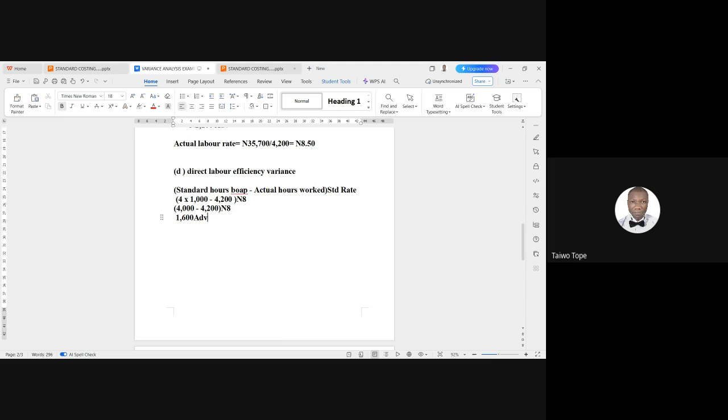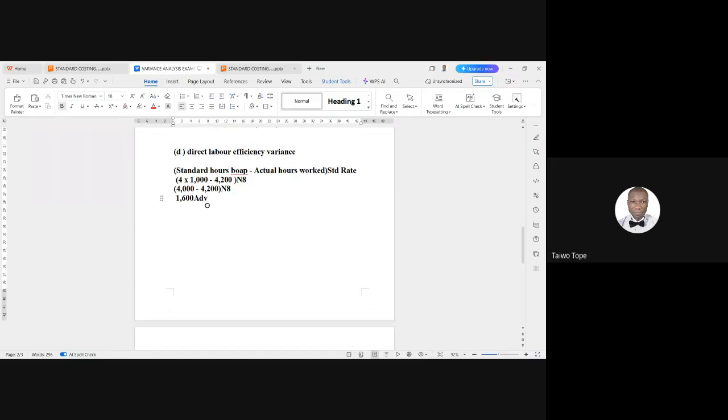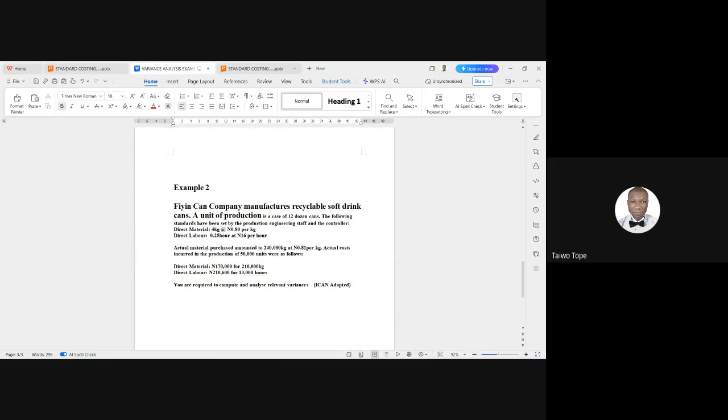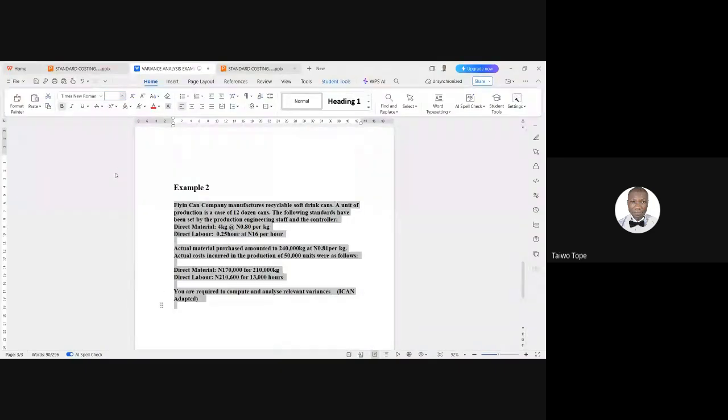Any question about this? Let's move straight to the other question. You people will guide me in solving this. I'll help you read it, don't worry, and then you tell me what to do. It's not something difficult; it is a function of mindset.